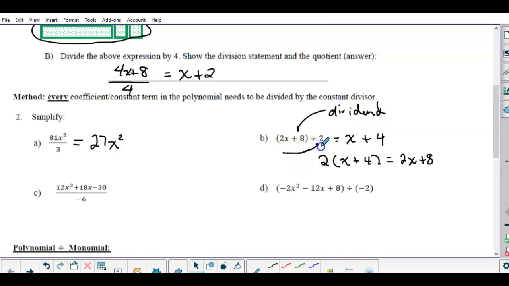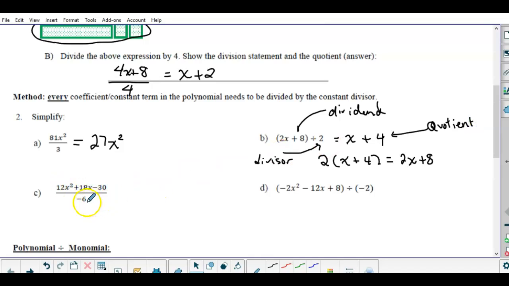This is the divisor. And this is the quotient.